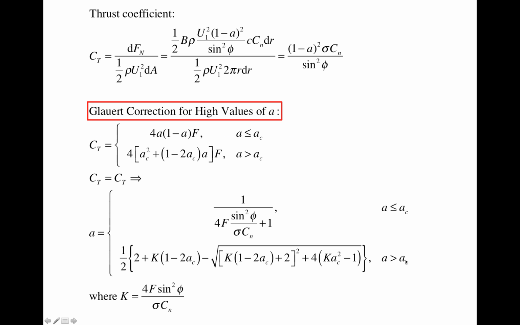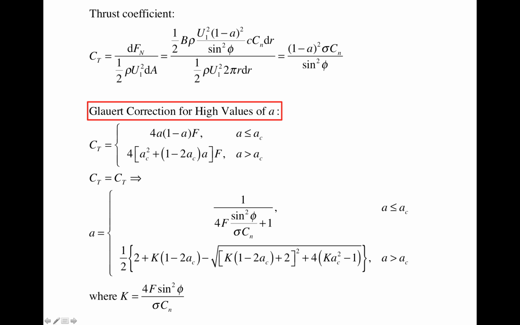When A is larger than the critical AC, then now we have a new expression. And this very long expression depends upon a new quantity, K. K is defined in terms of Prandtl's tip loss correction and sine phi, the angle of the relative wind.